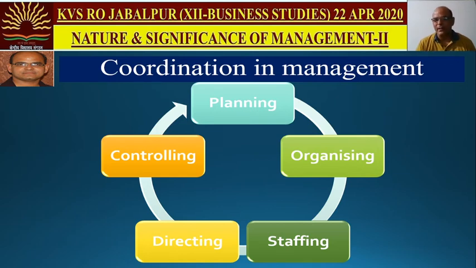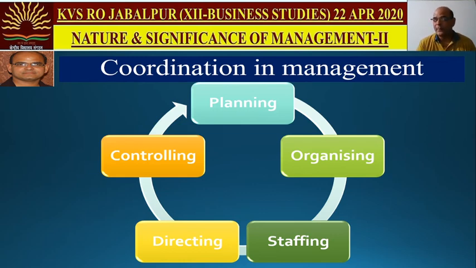Let us understand coordination in organizing by one more example. For example, the top level says we have to increase the profits. The sales department says, yes, we can do that by increasing the sales. But sir, we need to work in coordination with the production department. If the production department does not make, how will we sell? Agreed?